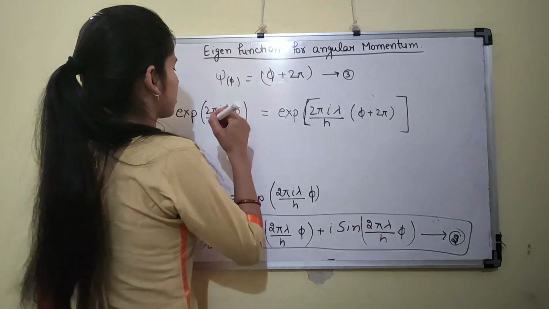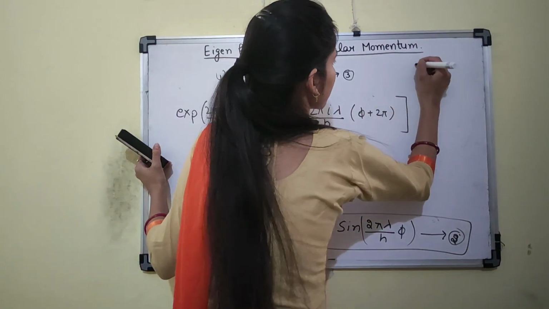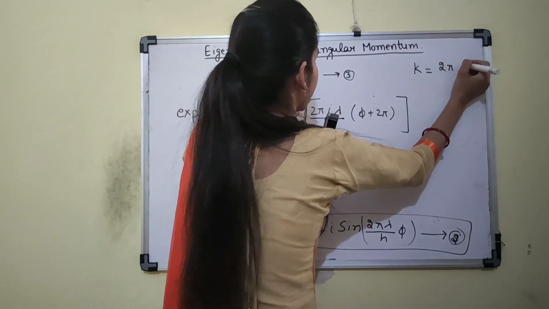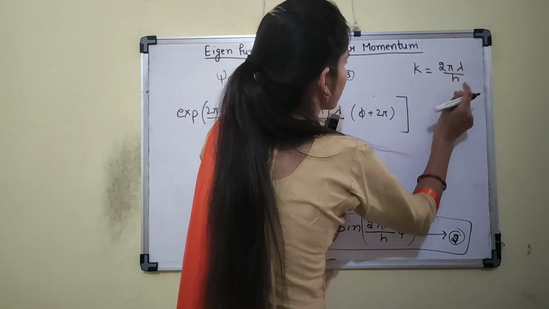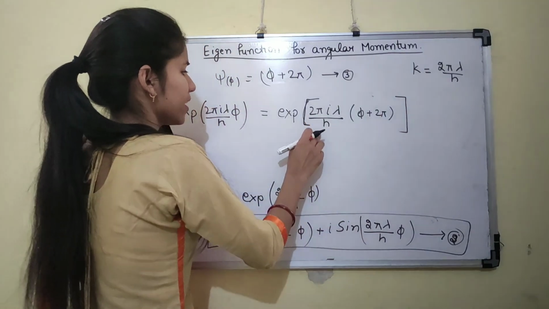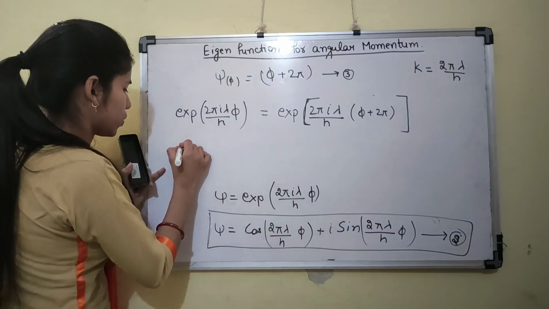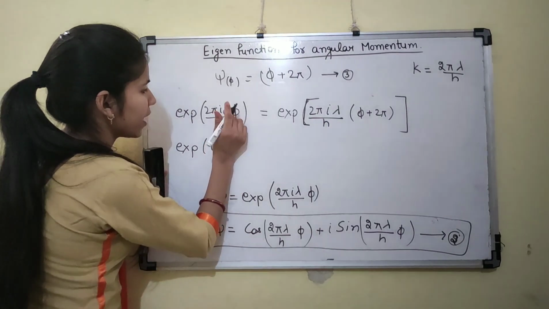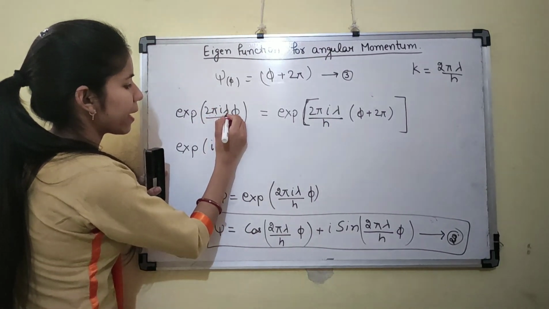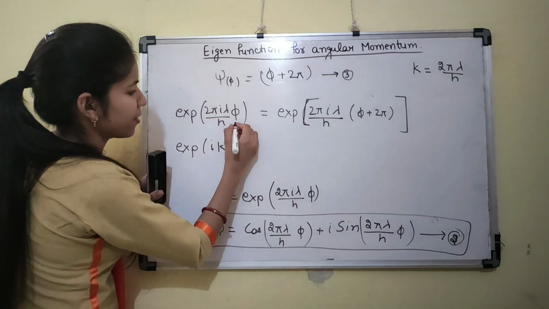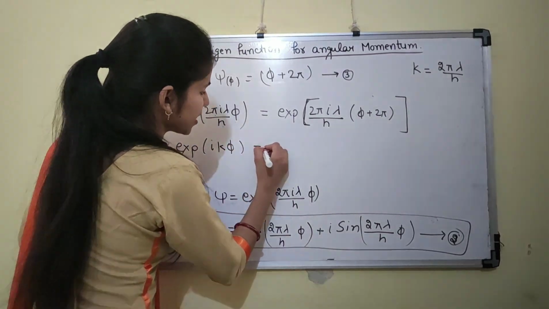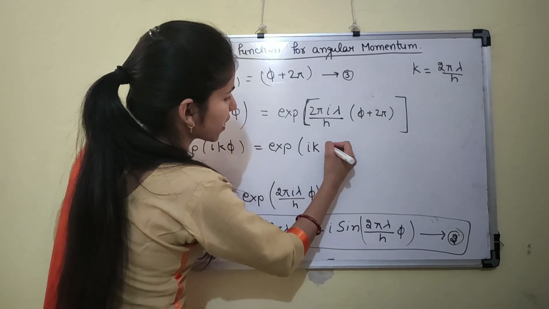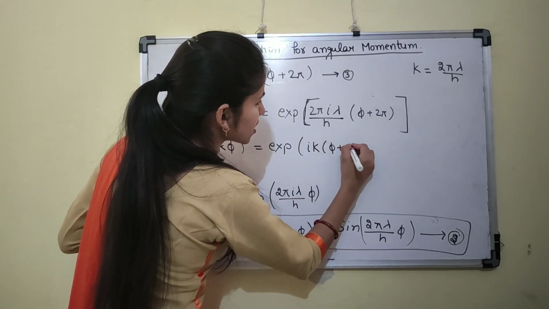Now k equals 2 pi lambda by h. So put the value of k there and there. So exponential iota k phi, and there is exponential iota k phi plus 2 pi.